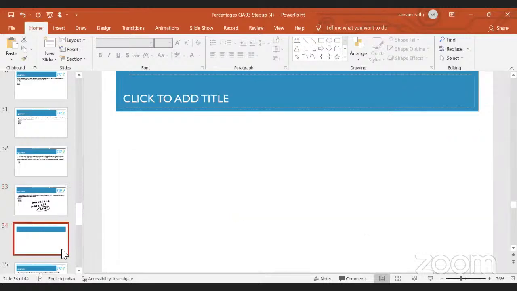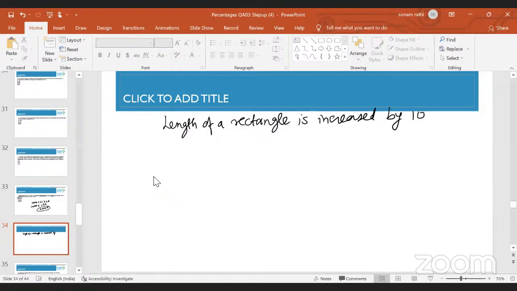Okay. Yes, ma'am. Let's do one more question. Let's say the length of a rectangle is increased by 10% and the breadth of this same rectangle is increased by 20%.